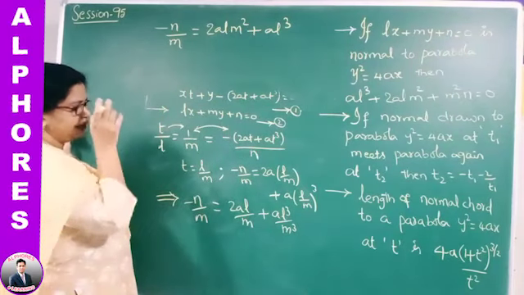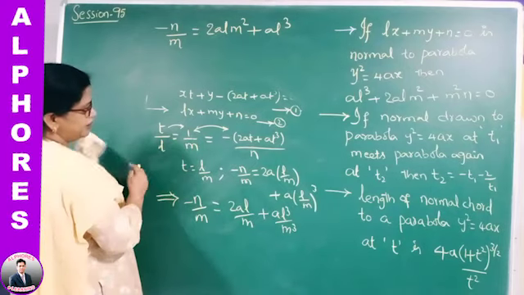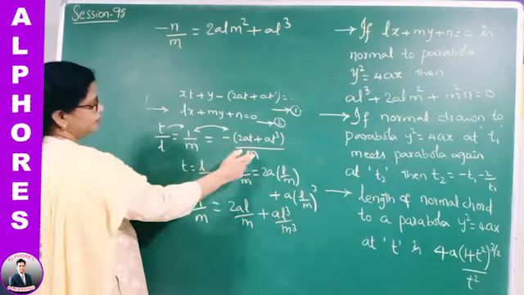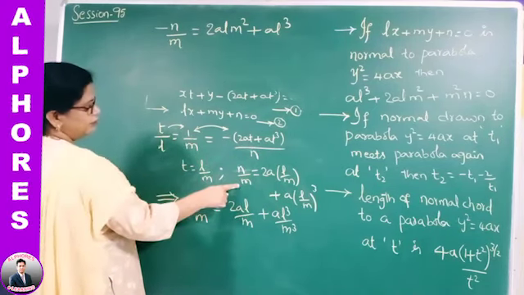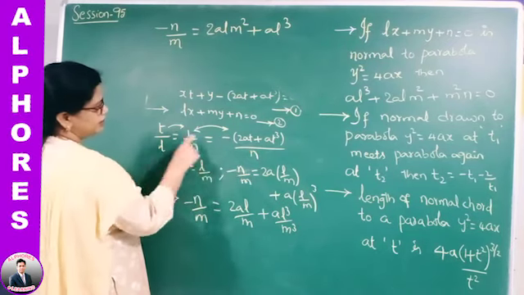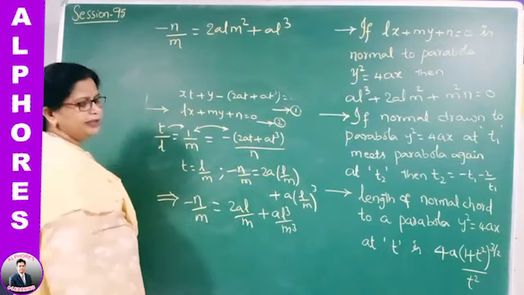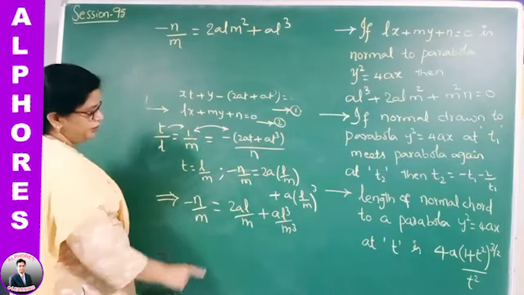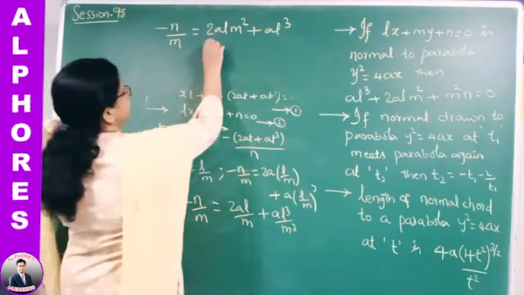So what we have done: simply t equal to L by m, and this value is 1 by m that we are equating, and with n we did cross multiplication, so n divided by m, but we send the minus symbol, so minus n by m. Here 2a into t means we substituted L by m, and a into t cube means L cube by m cube. Now we have taken m cube as the LCM, and this is how much, students?